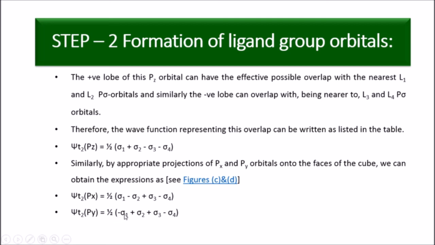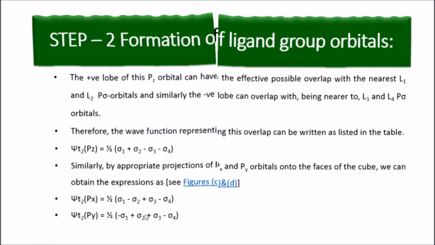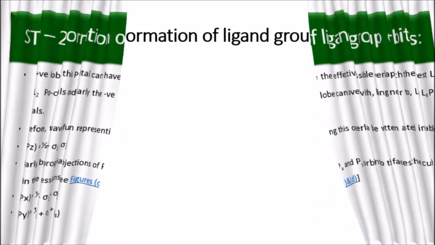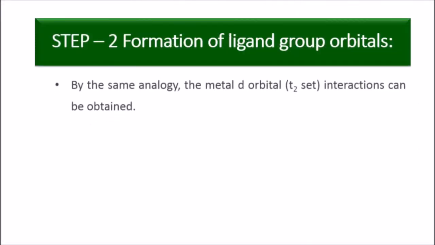Similarly for py, 1 and 4's negative lobes interact with the negative side of the Y orientation of the central metal ion, and the positive lobes of ligands 2 and 3 interact with the positive lobe of the py of the central metal ion. That is how you can represent the LGO pictorial orbital energy level diagram.